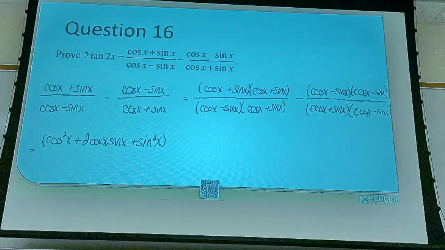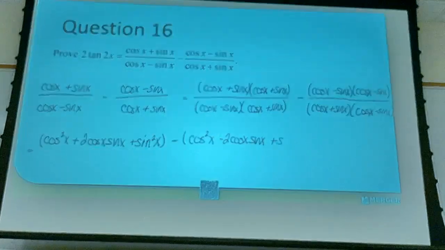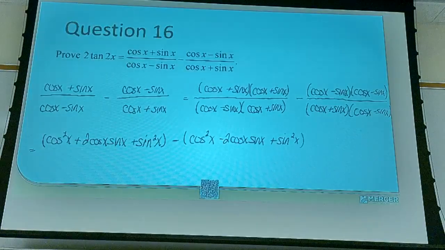If you expand out the first numerator, that's what you'll get, right? Cosine squared plus twice cosine sine plus sine squared. Expand out the second: cosine squared minus twice cosine sine plus sine squared.